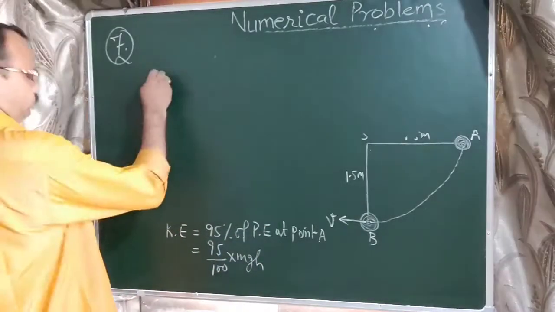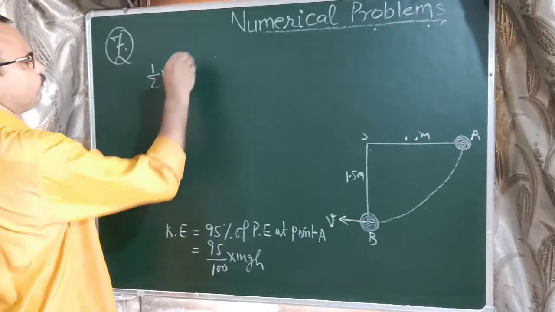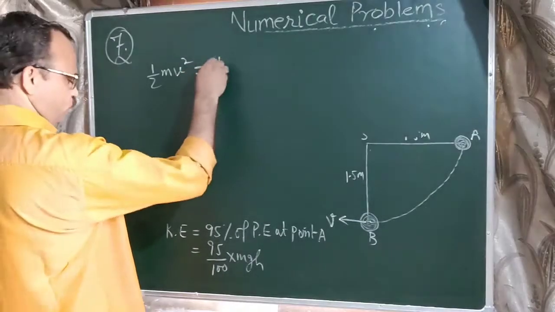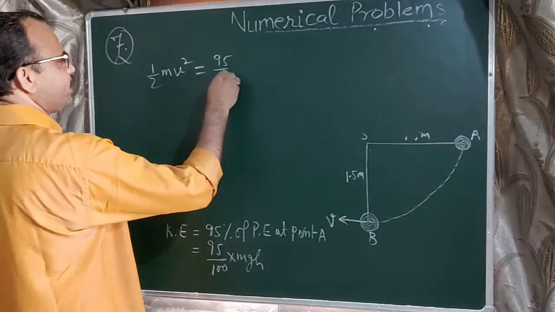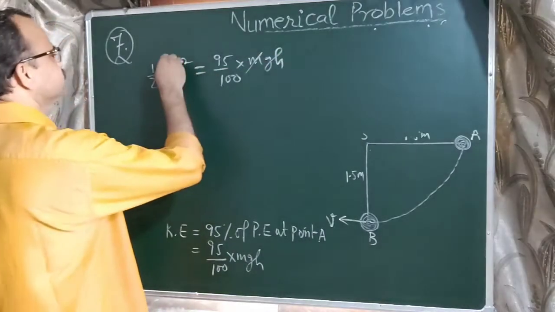Okay, so as we know that kinetic energy 1 upon 2 m v square is equal to 95 upon 100 of mgh. This m to m cancel.